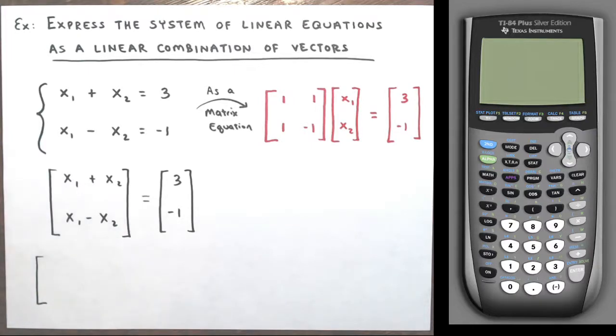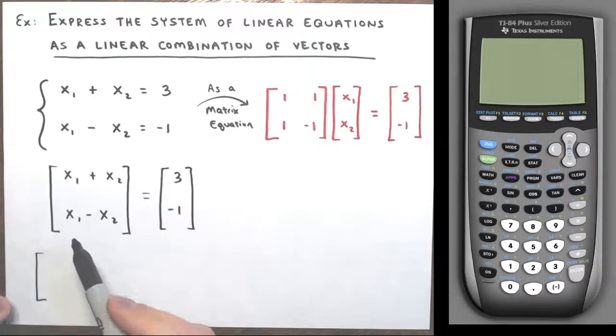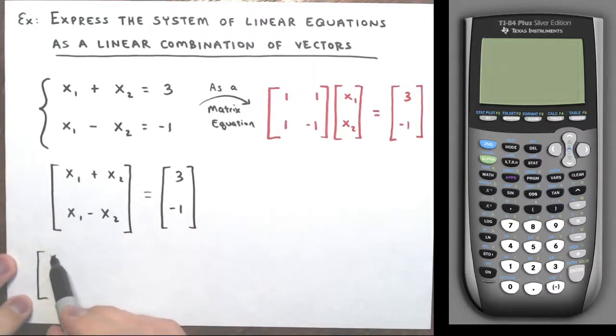When you're adding vectors, they have to have the same size. So in order to split a 2 by 1 matrix into a sum, you have to split it into the sum of other 2 by 1 matrices. One with the x1 terms, x1 in the top component, x1 in the bottom component.